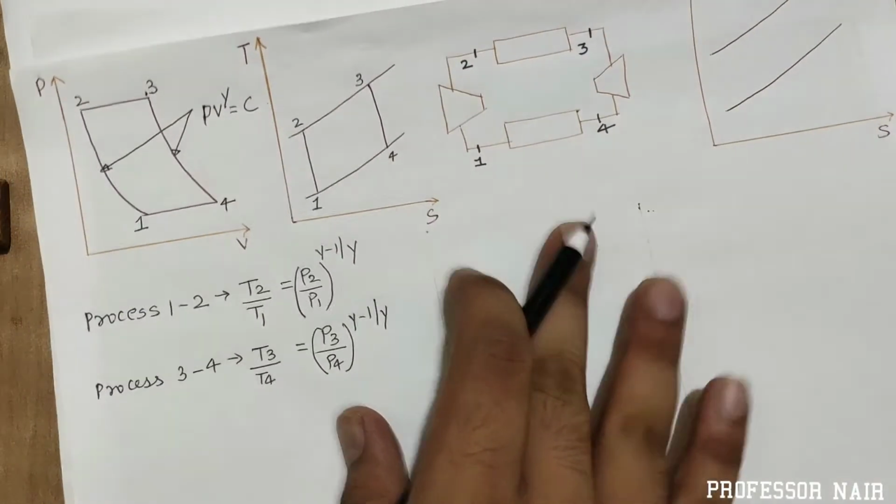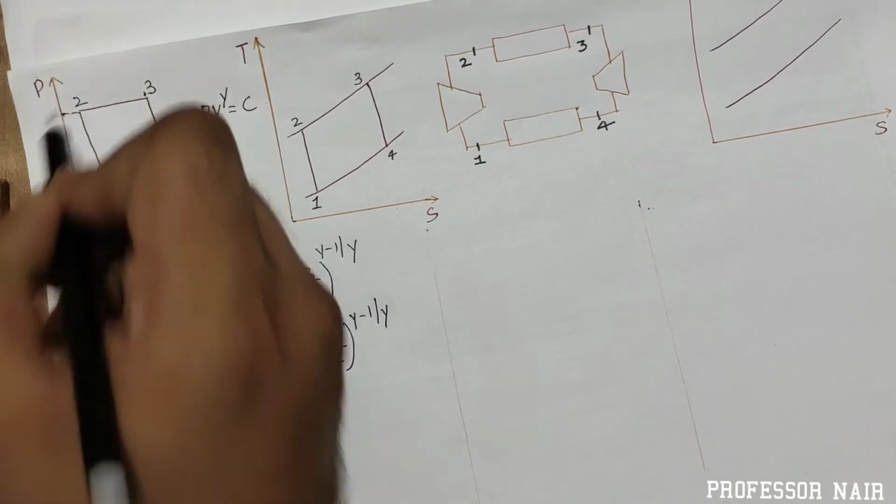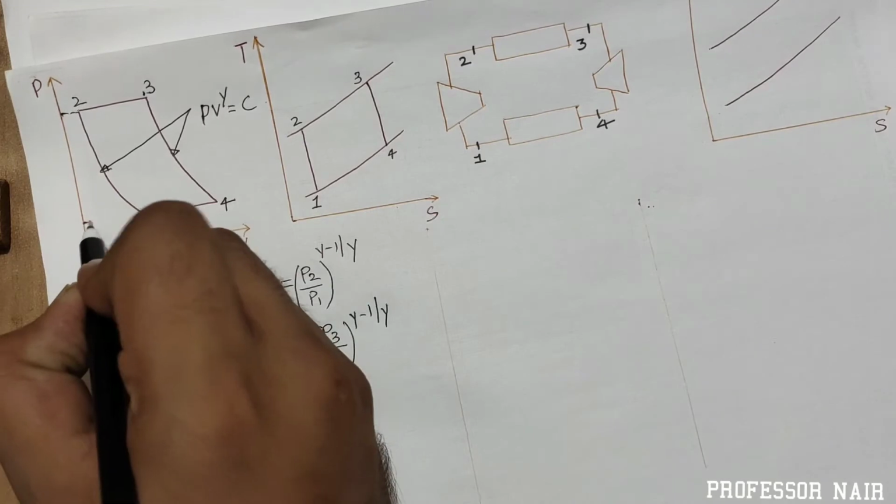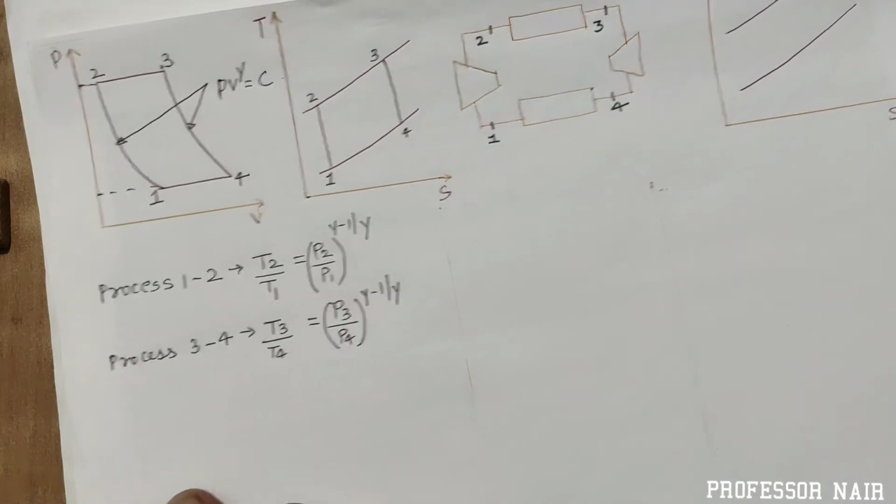But when you see this diagram, P2 equals P3 here, correct, and P1 equals P4, right?